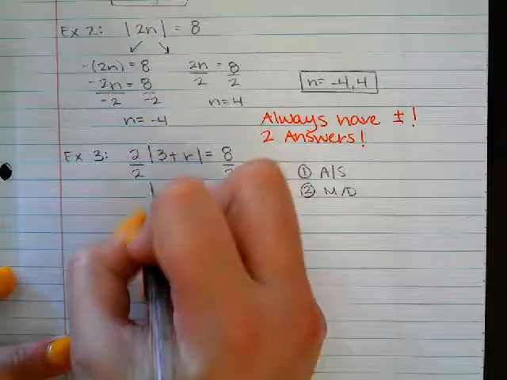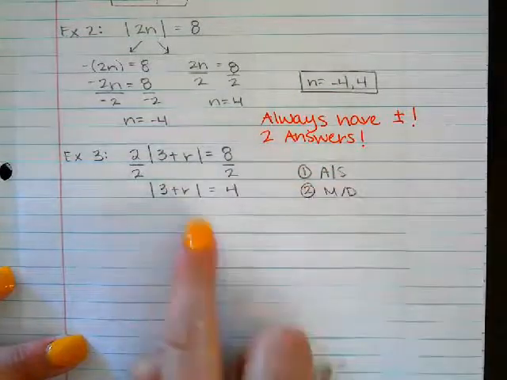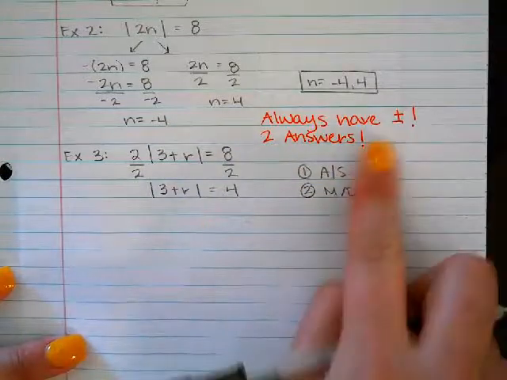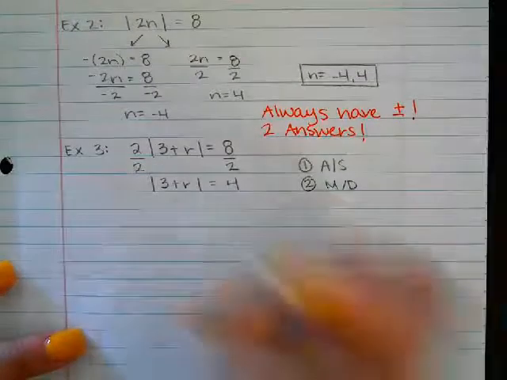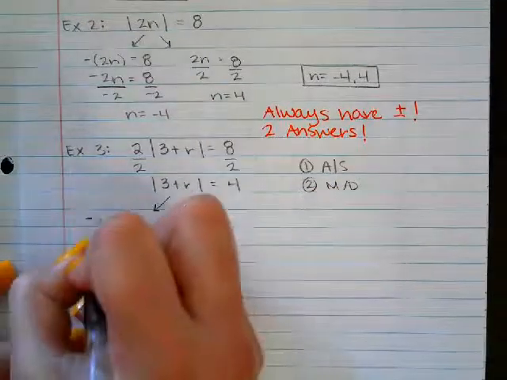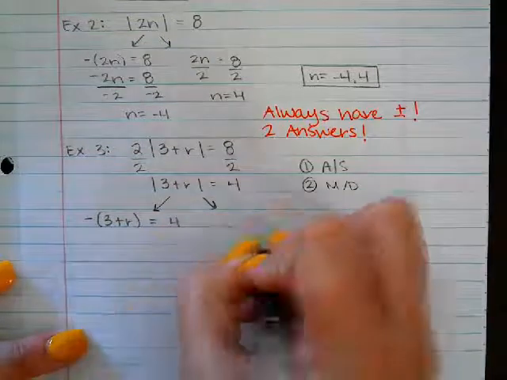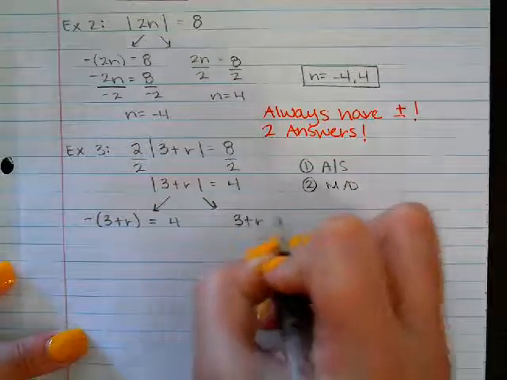So we have absolute value of 3 plus r equals 4. So this is the point where we say, okay, we have a plus and a minus version. This is where we do the two different versions of the equation. So we're going to do the negative version of the equation equals 4, and then the positive version of the equation equals 4.